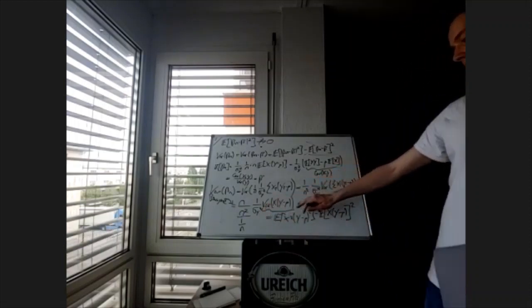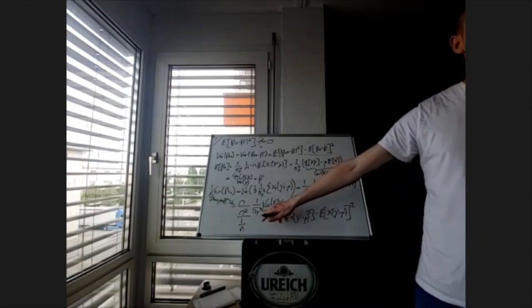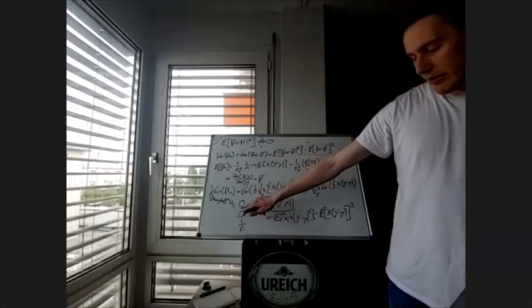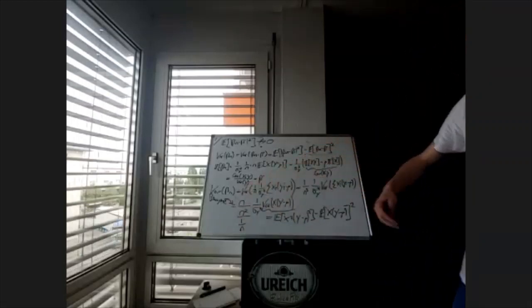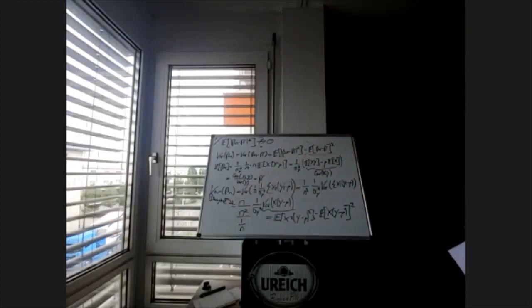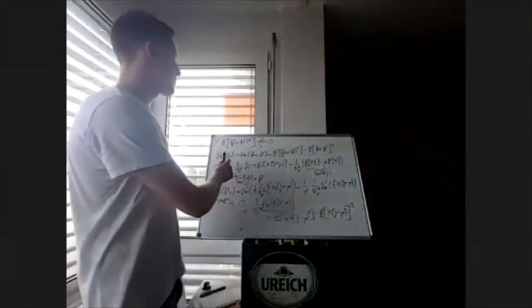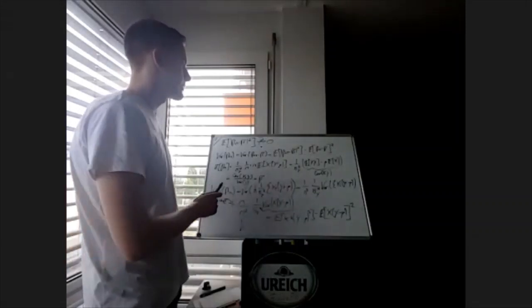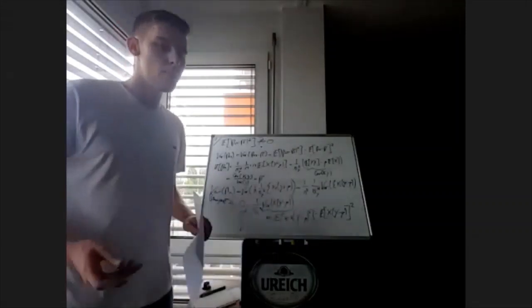So this expression is finite. This expression is obviously finite as well. So we have something converging to 0 times something finite. So we know that the variance goes to 0 when n goes to infinity, and we know that this is equal to the variance. So we have shown what we wanted to show.